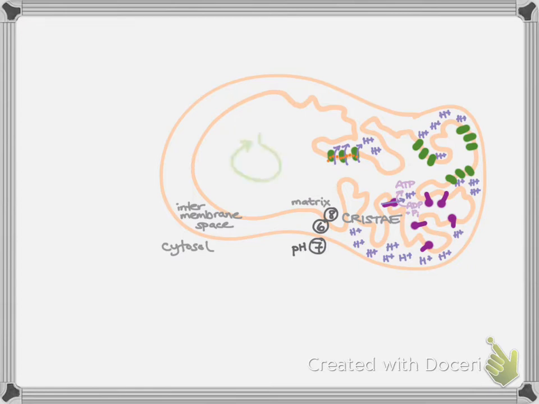All right. So how do we get the proton gradient? Well, the electron transport chain is driven by electrons. We got to get those electrons from somewhere. The electrons, and let's just take a step way back, we're basically going to yank them away from food.